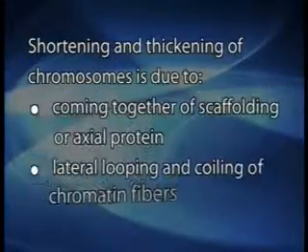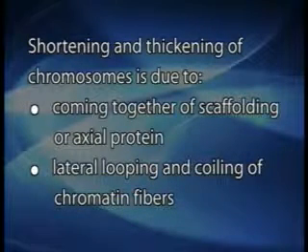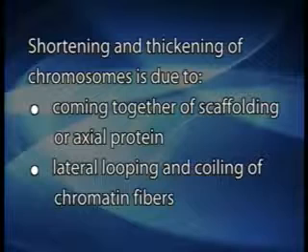This shortening and thickening of chromosomes is due to two reasons. Number one, the coming together of scaffolding or axial proteins, and number two, lateral looping and coiling of chromatin fibers, which is assisted by a category of proteins called condensins.